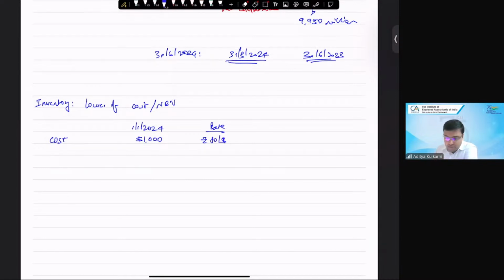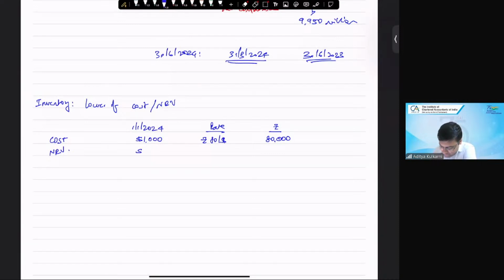So what is the cost in INR? 80,000. Is it okay? Yes.